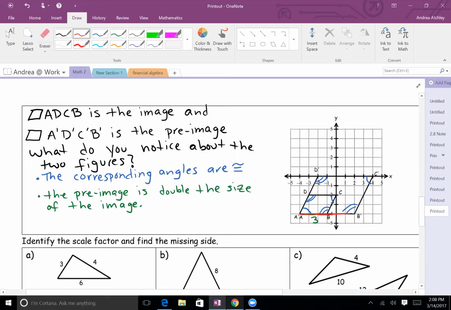Then A prime B prime is 6 units long. So that's double the size. Okay, that would also mean the scale factor is 2.